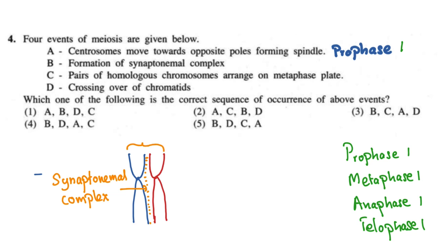This tight pairing of these homologous chromosomes is called the synapsis. Now, in option B, it says formation of synaptonemal complex, again that occurs in prophase 1.